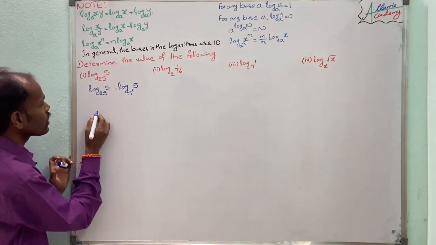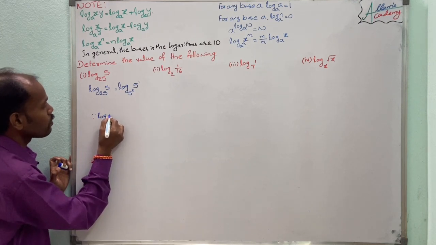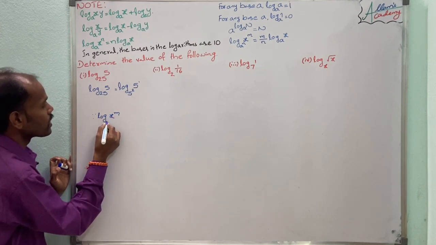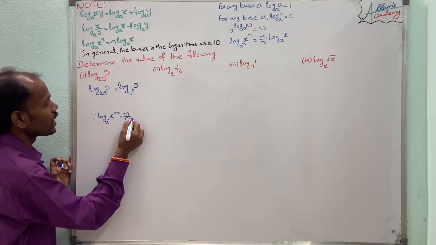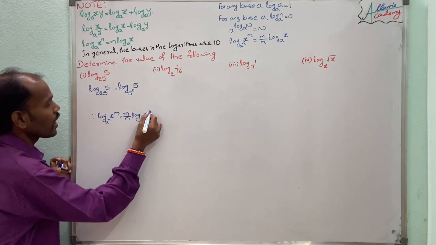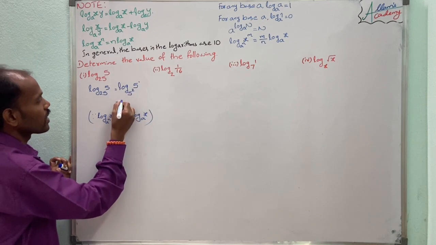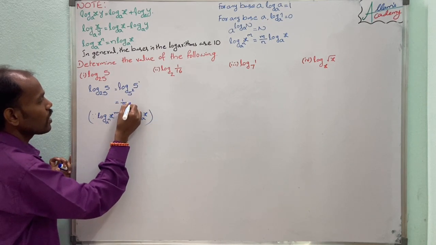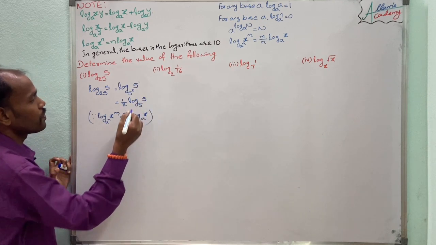Using that formula, we write 1 by 2 log 5 base 5.